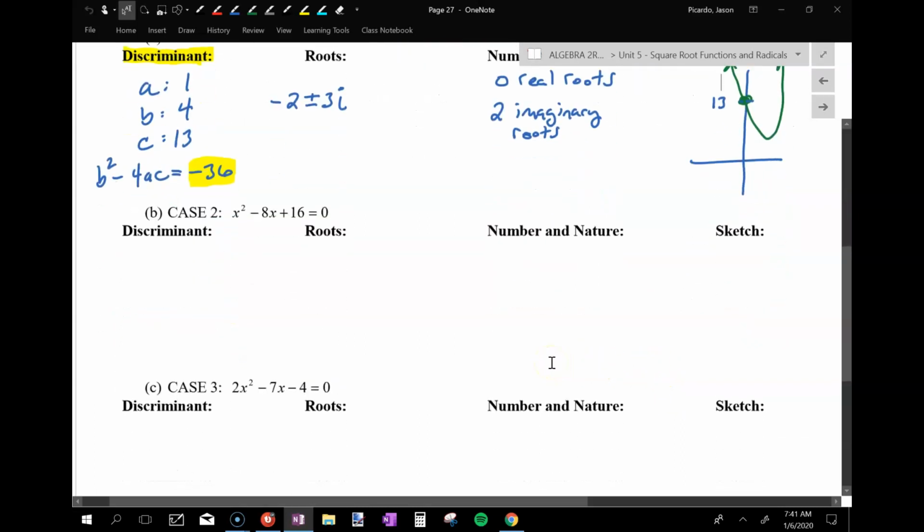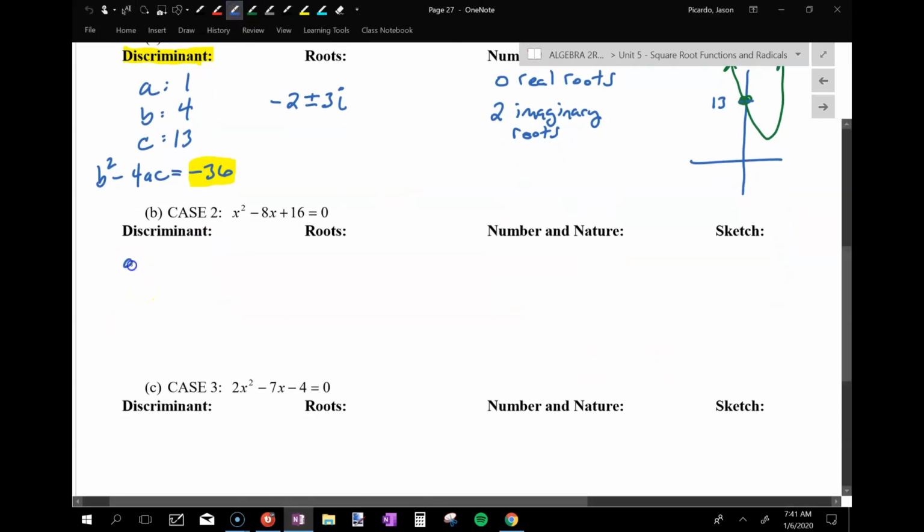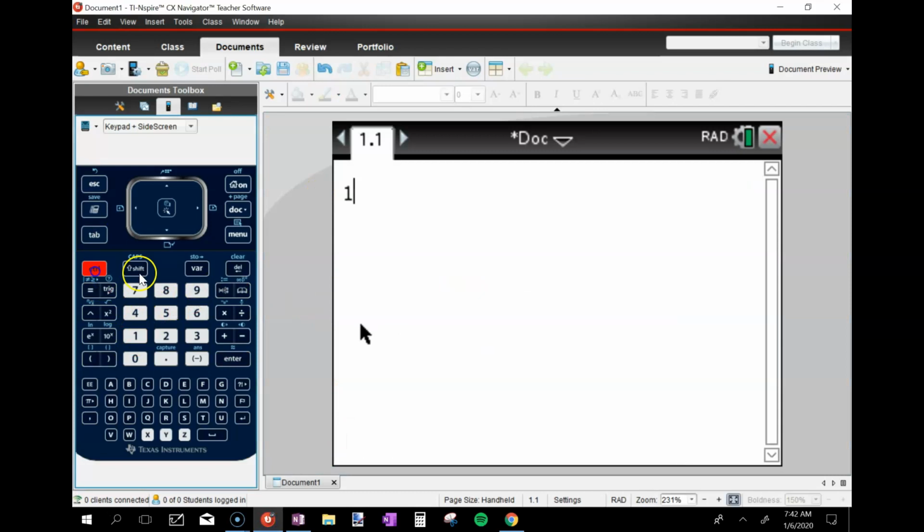All right, we're going to go through the exact same process. A is 1. So I have 1, I have -8, I have 16. Let's see what we get.